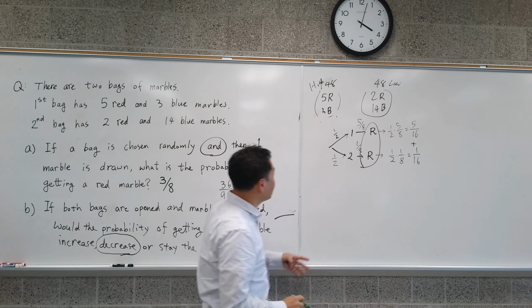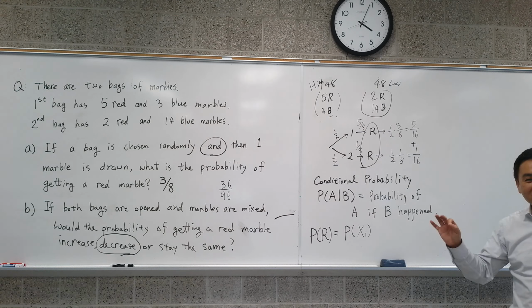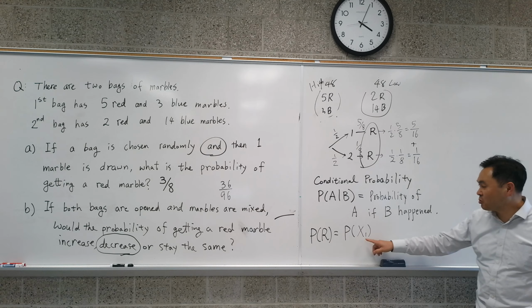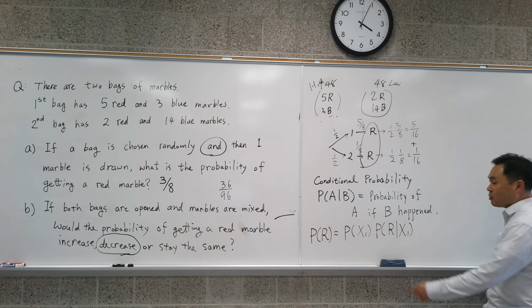If I just put number 1, it's hard to understand what that 1 means. So we'll use x1 as the event where bag number 1 is chosen. Okay, and then multiply that by the probability of getting the red under the knowledge that you've chosen bag 1. Okay, and what is P of x1?